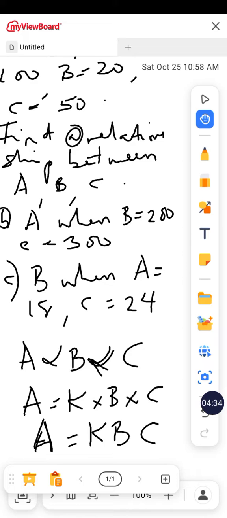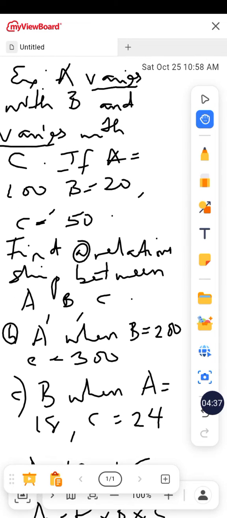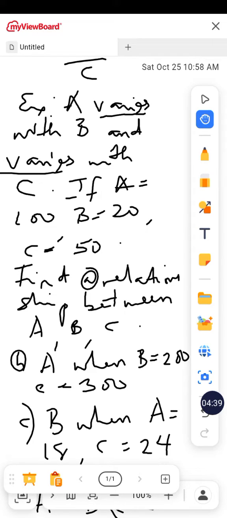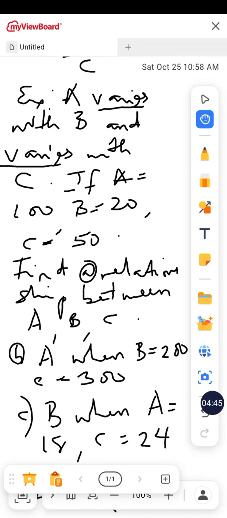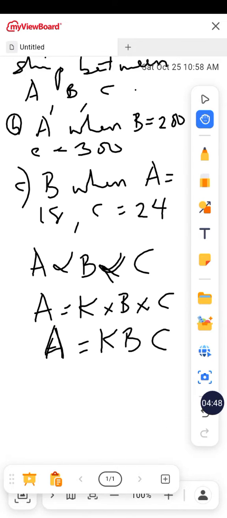Okay, let's go back. What are the values that we have? I have told you previously that in any of the variations, the very first set of data given to you is for you to be able to get the value of your K. So in this case, A is 100, B is 20, and C is 50.